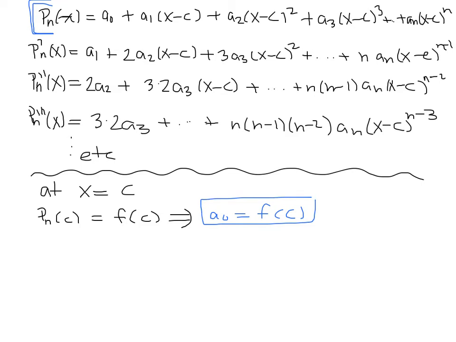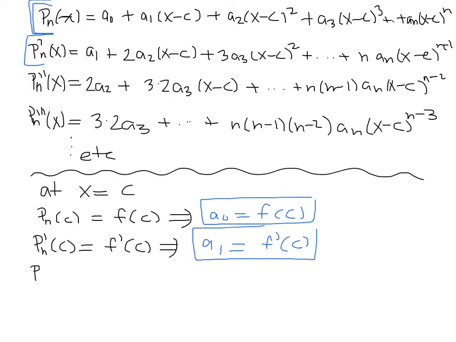In the previous time we ran through this process, we had a sub 0 equal to f of 0 because our c value was 0. And then next you want the derivative at c to equal the derivative of f at c. And that will imply, looking at this second equation, that a1 is equal to f prime of c, just like before.